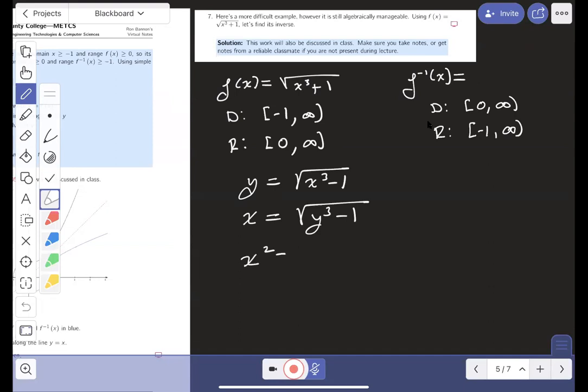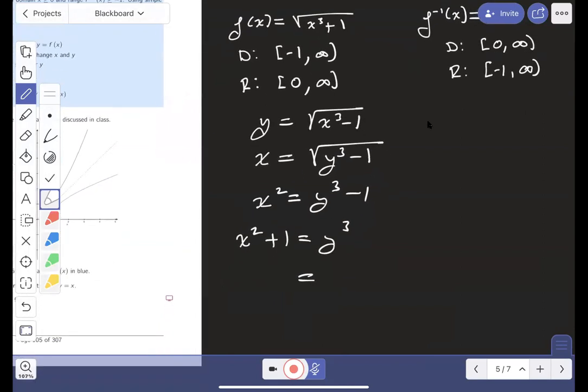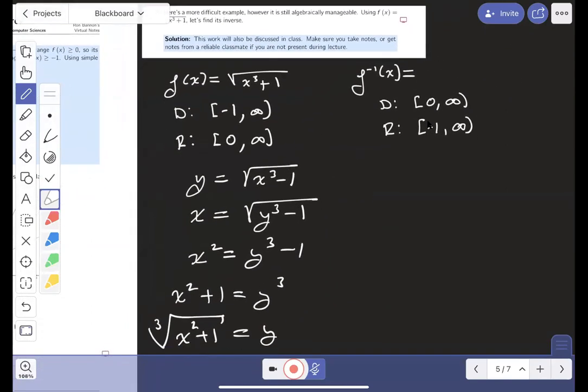Square both sides. I'm going to add 1 to both sides. And I can take the cube root of both sides now. And so y would be equal to the cube root of x squared plus 1. And that's the inverse. Let's write that down. So it's the cube root of x squared plus 1.